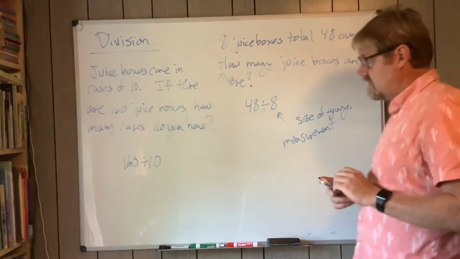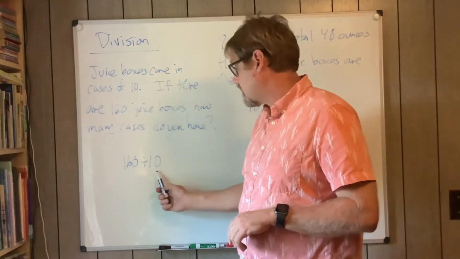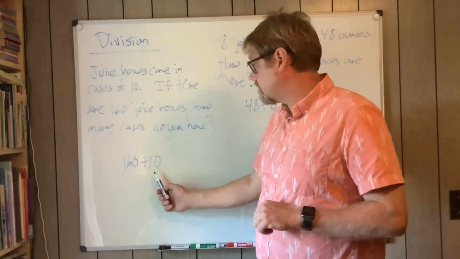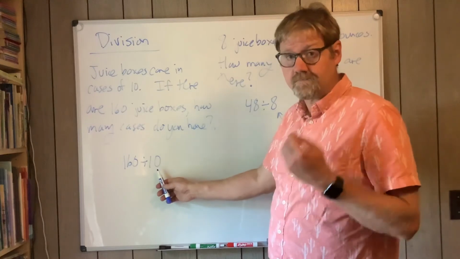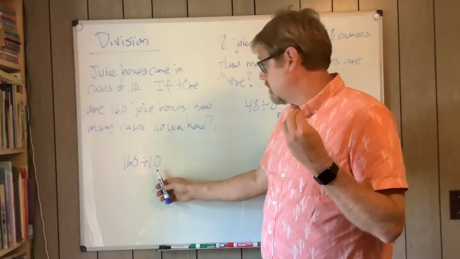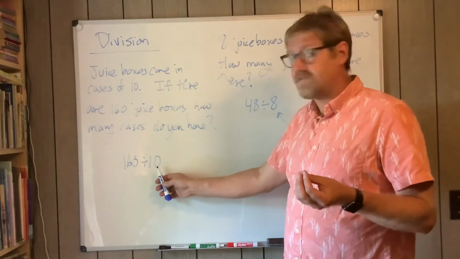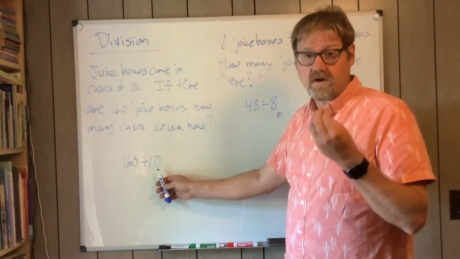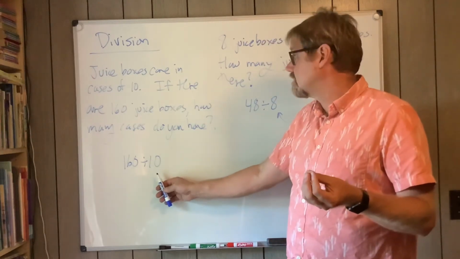But I want to think about, is this partitive or measurement? Okay, again, I've got the dividend and I've got the divisor. So the divisor is the key piece. Is the divisor a number of things or a size of things? So in this case, it's the number of parts or number of groups that I have, right?